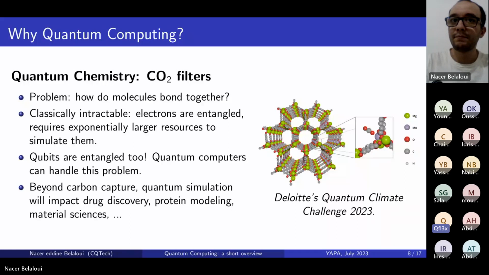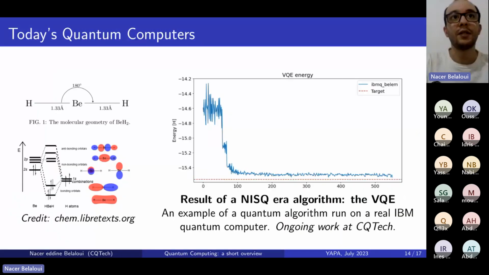If the problem is too large and you don't have enough qubits, what do you do? For now, all the problems are too large. We don't have enough qubits to represent even this.